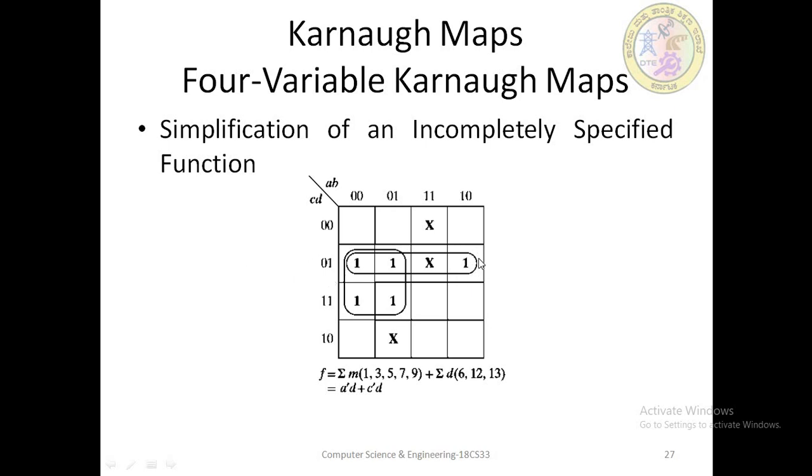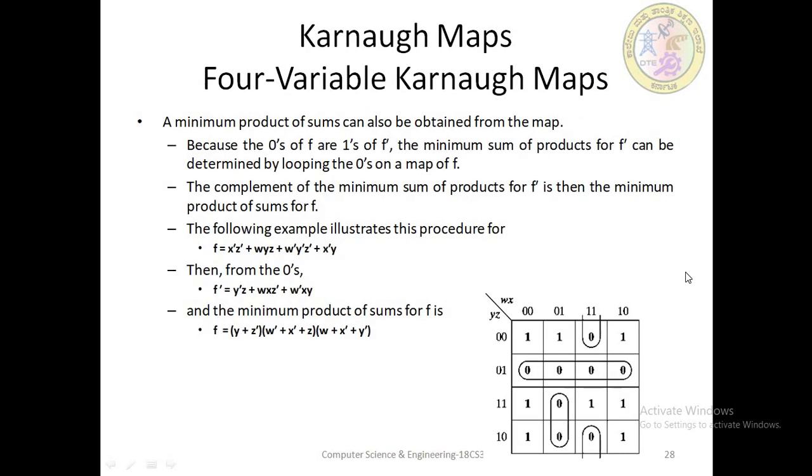Instead, it can be considered as a quad considering the don't care condition. And this one we have not considered, because it doesn't matter, it can be a 0 or 1, so we wanted to simplify it. That's the reason we have considered it here, and the other condition we have not taken into consideration.